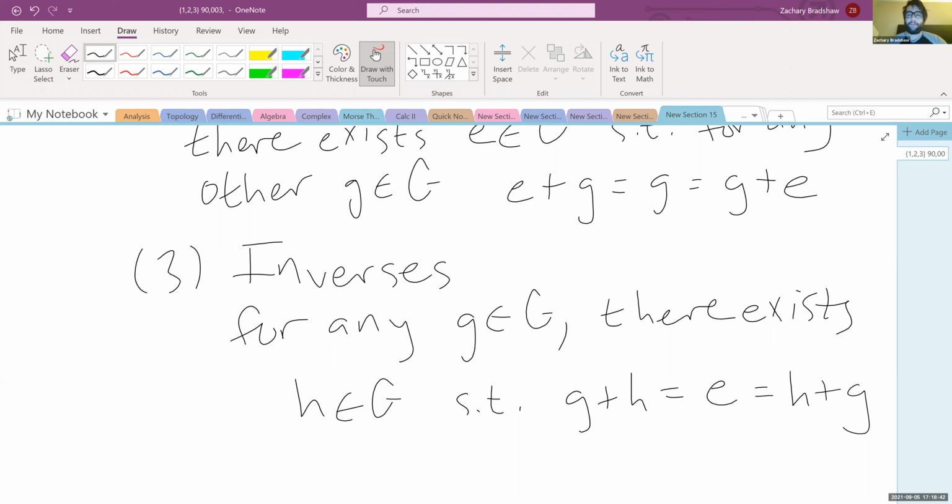And the same holds for the other direction. So if we're talking about the integers, then the inverse of g would be minus g, right? If we're talking about the real numbers with multiplication, then the inverse of, let's say, 5 would be 1/5, right? It's the reciprocal.